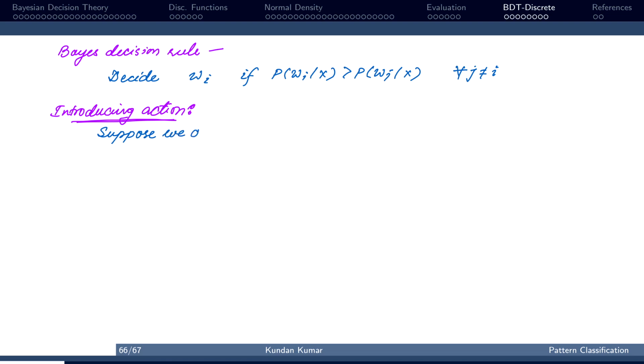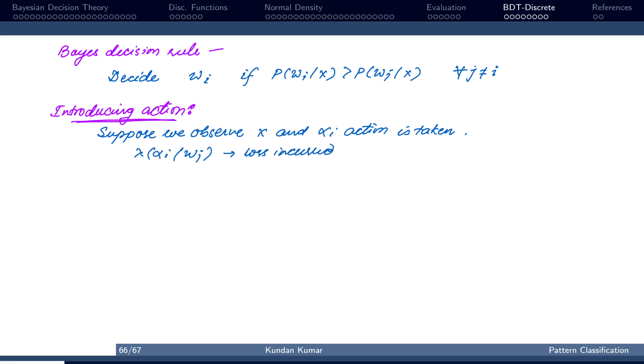Then in this case the loss incurred is defined as lambda of alpha i given omega j, which is the loss incurred for taking action alpha i while the true state of nature is omega j.